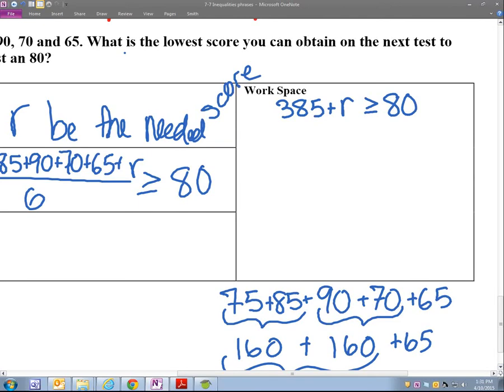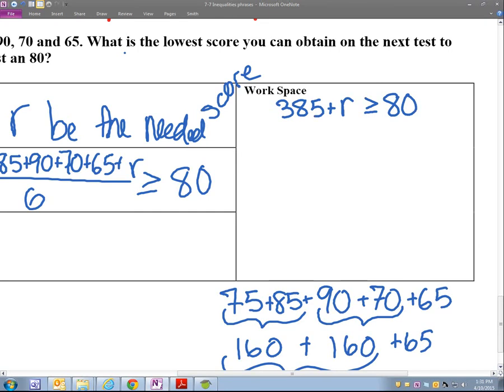Austin, what'd you get? 385. Now I'm going to solve that. I want you all to solve that while I'm solving that. And when you're done, I want you to look up, see if you got it correct.